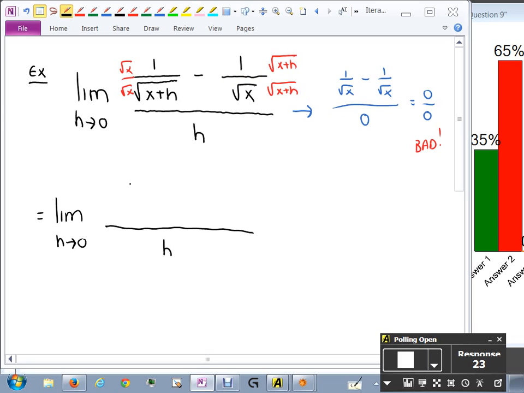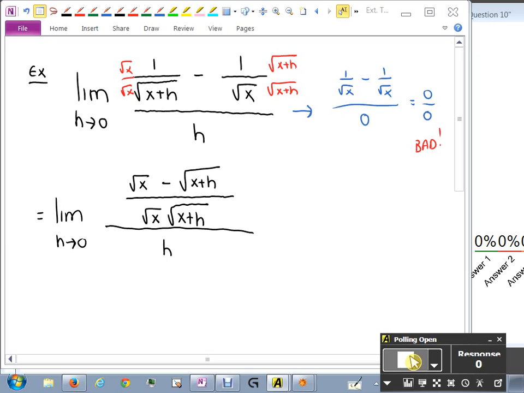So I'll have root x minus root x plus h, but all of that over the common denominator, root x plus h. Those on the bottom are multiplied because it's the common denominator. The one on the top is subtracted because we put the two numerators together through subtraction. Tell me if that made sense or not, please. Yes or no?